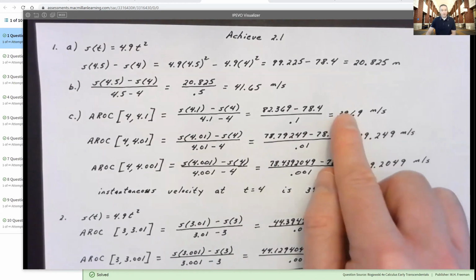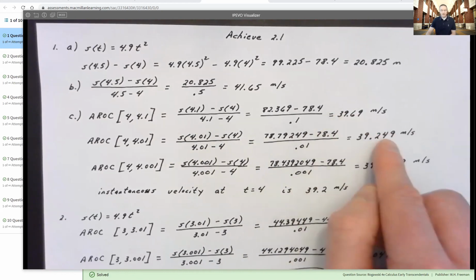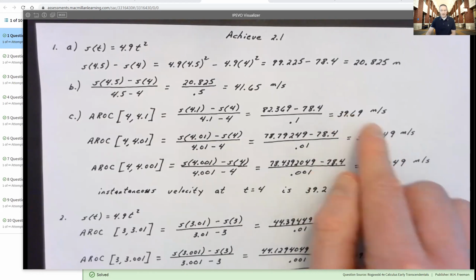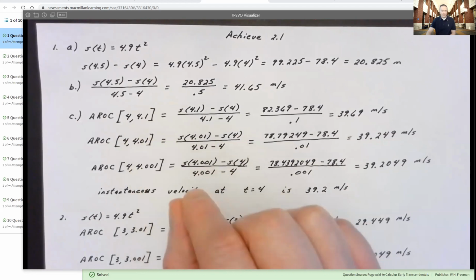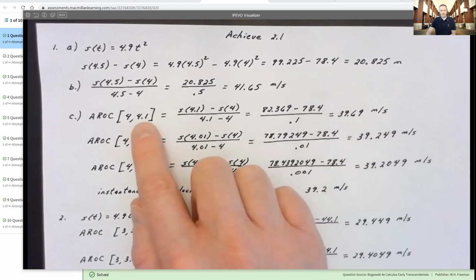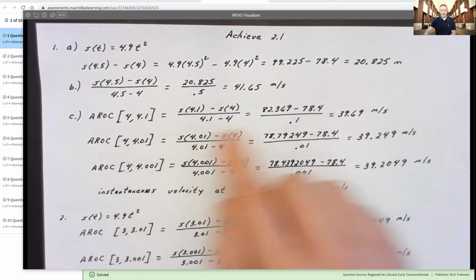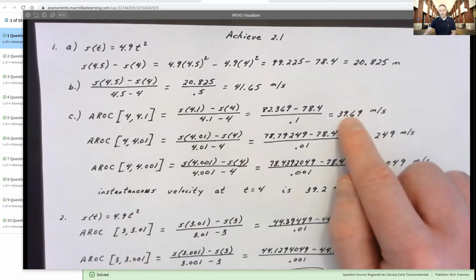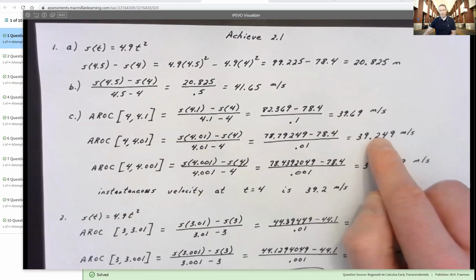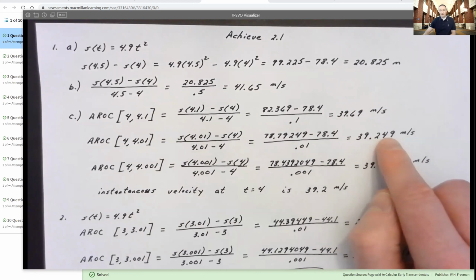Now, what I would love for you to do is make sure you're noticing any changes as you're getting more and more exact, closer to the point of interest. Well, as I went from 1/10 of a second to 100th of a second, what happened to my answer? Well, my answer went down, it looks like 0.45, went from 0.69 to 0.24.